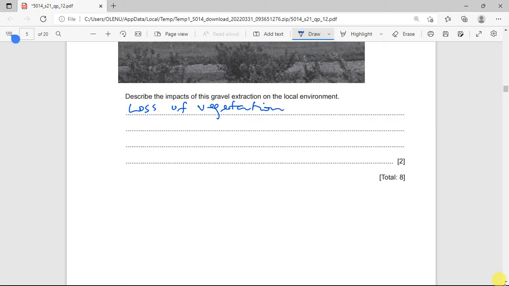If there is loss of vegetation, that will lead to reduction in biodiversity because there's no vegetation there, and this can disrupt the food web or food chain.